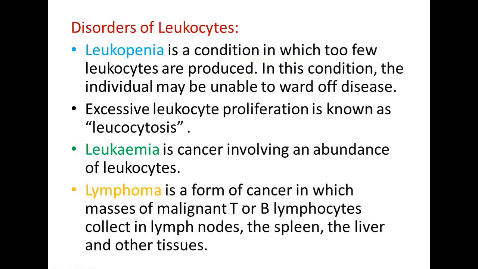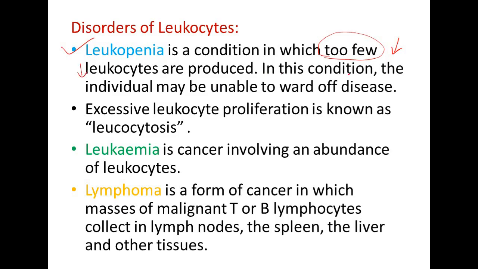Now come to disorders of leukocytes. What are the disorders? Whether any cancerous condition or an excess or lesser amount of leukocytes in the blood. First condition is leukopenia. Leukopenia is a condition in which too few, that means a less number of leukocytes, are produced.